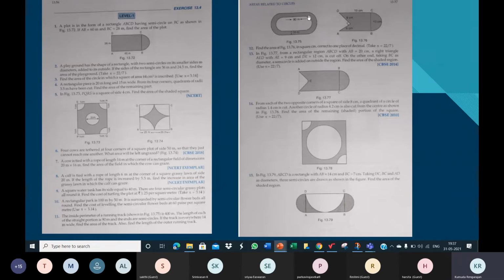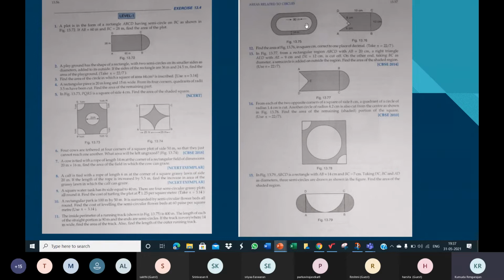The inside perimeter is made up of two line segments of length 90 meters and two semicircles. See this inner boundary. This inner boundary is made up of two line segments and two semicircles. So 90 plus 90 plus pi r, small r, is equal to 400. Working that, you can find the value of small r.